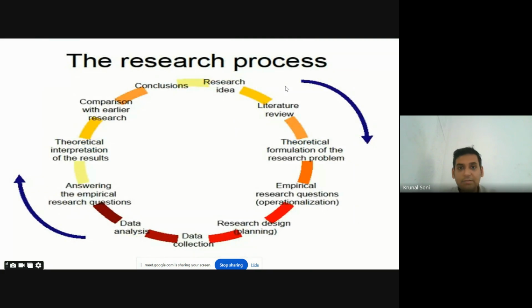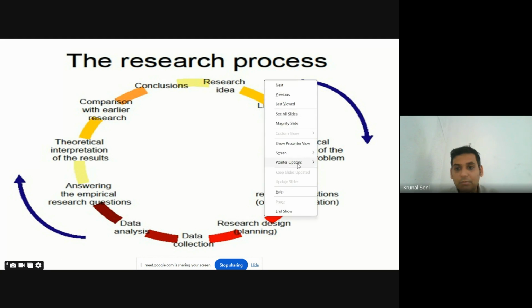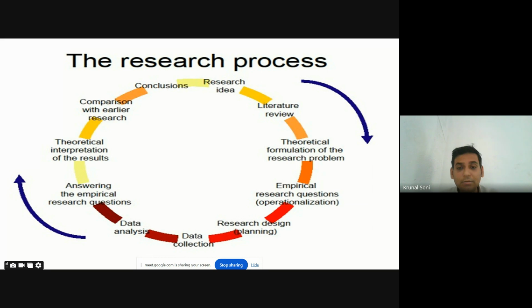If we understand this process in a rigorous manner, almost everything would be clear on this front. Research always starts with the idea of research, that is, the topic on which we want to do the research. So it is very important that we have a proper idea and justification about the research topic.